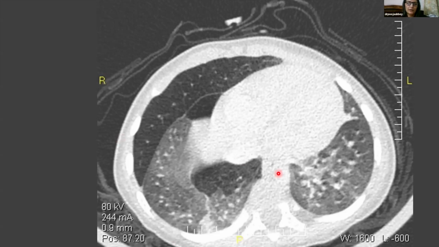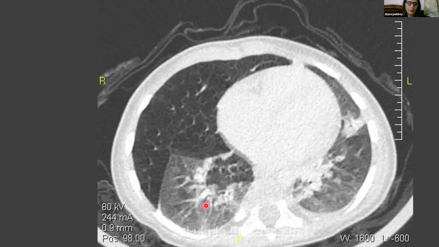One little thing here, if somebody has picked up, is that a part of the overinflation appears to be in the lower lobe as well, because this is the middle lobe, which is on one side of the oblique fissure or the major fissure, and probably part of the lower lobe as well.